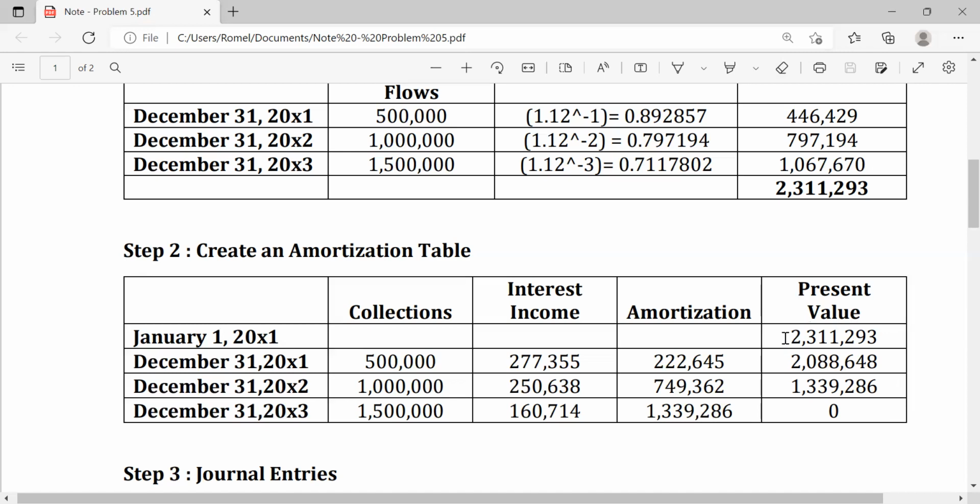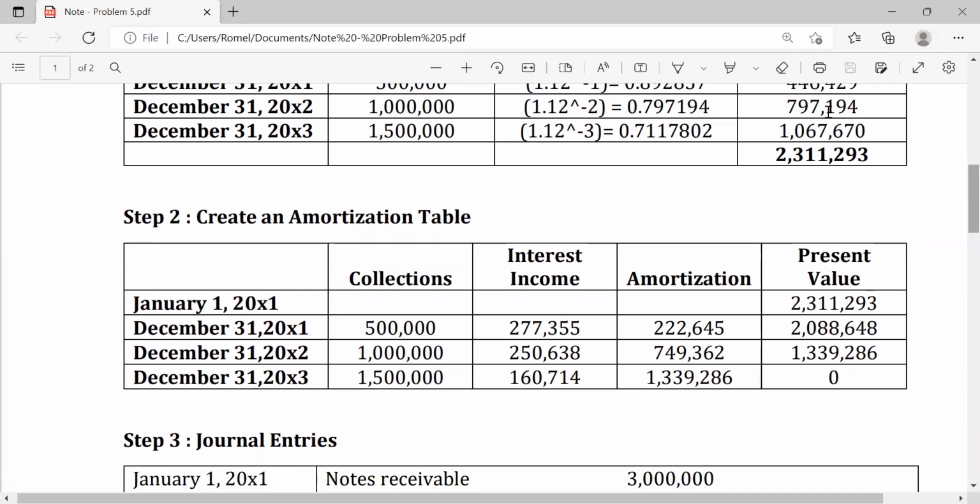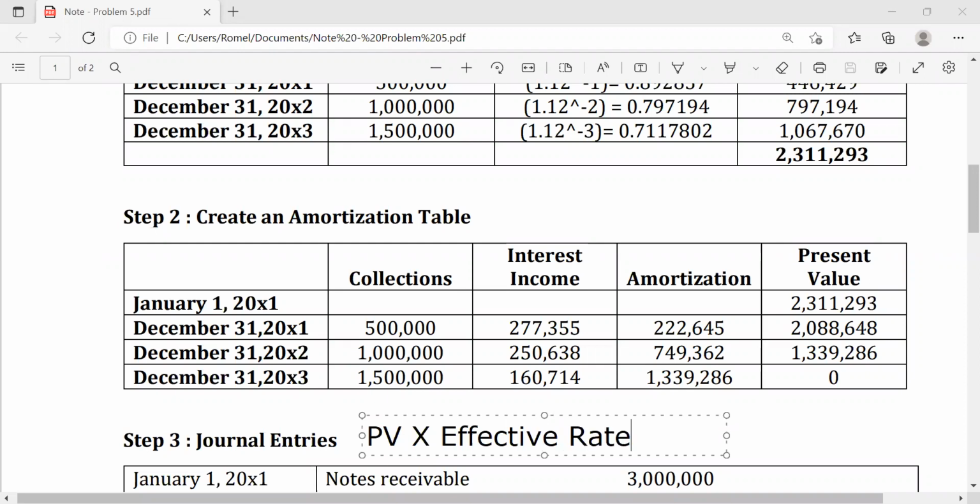So, to compute the interest income, what we will do is multiply present value times the effective rate or market rate. Present value times effective rate, 2,311,293 times 12%.